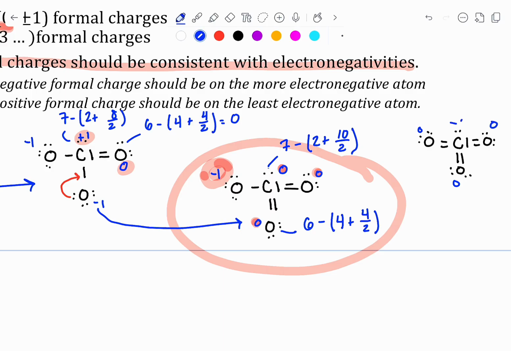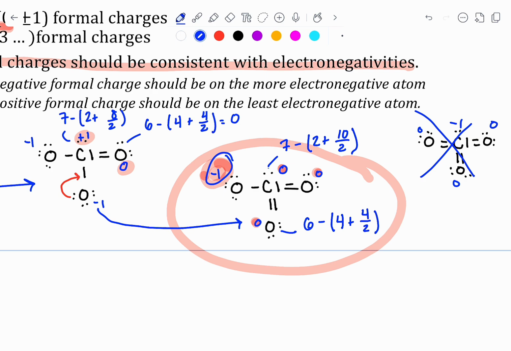And what it does is it puts that -1 charge that we would expect for ClO3-, it puts it onto the chlorine. Chlorine does not want those electrons. It is not the electronegative atom. So this is not the preferred structure because oxygen is more electronegative. So it's going to pull those electrons towards itself.